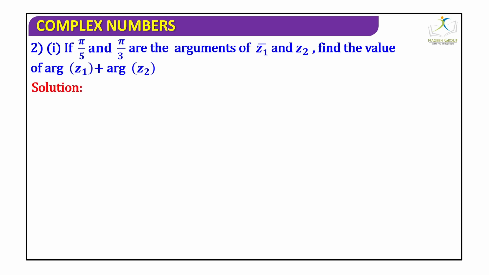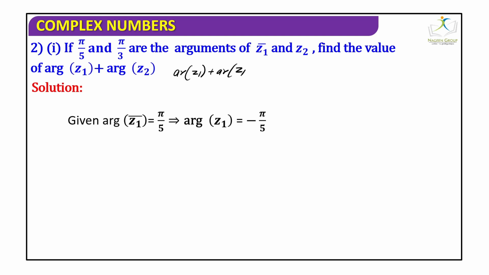Now according to the question, we have argument of z1 bar equal to pi by 5. So how to find out the argument of z1? देखो conjugate का argument given है, right? So we have a formula here: argument of z1 plus argument of z1 bar is equal to 0. ये 0 के equal होता है. Now argument of z1 bar तो हमें given है, right?